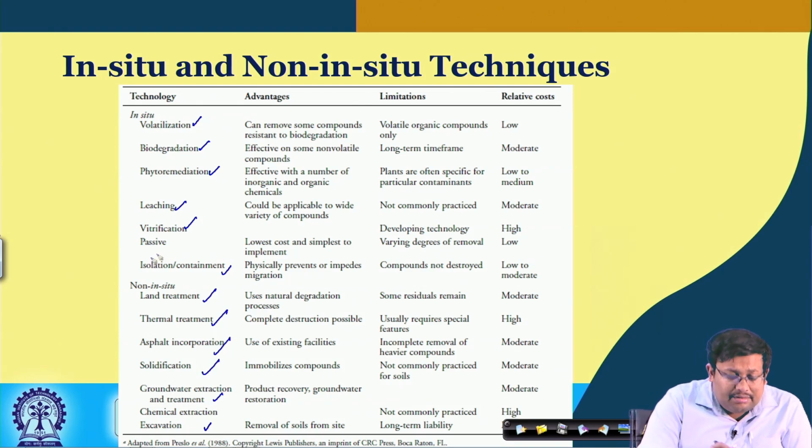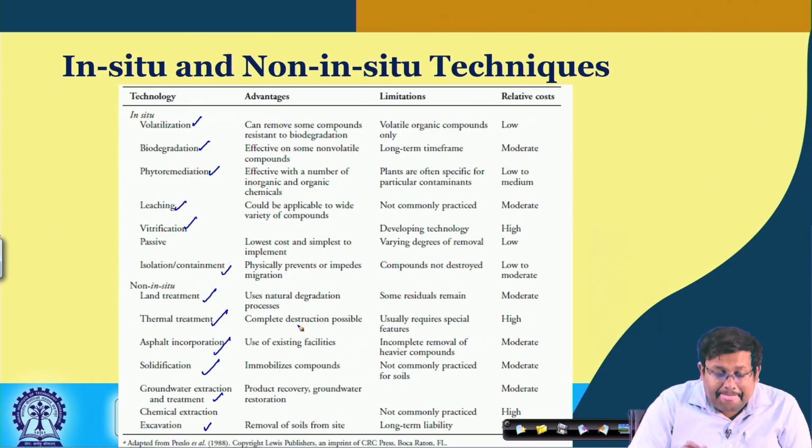So, if we summarize, we can see that the advantage of land treatment is basically the natural degradation process, and thermal treatment is very helpful because it ensures complete destruction of the contaminants.